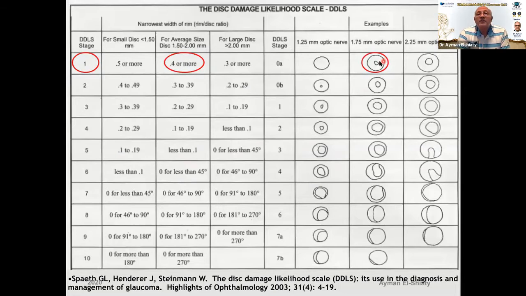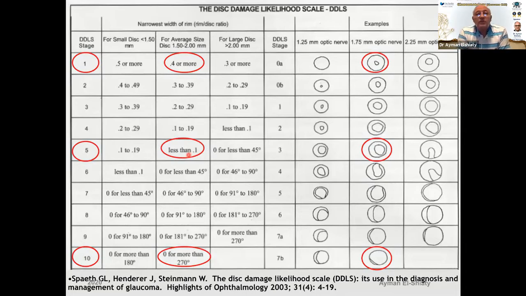This disc has a very large rim, so it is least likely to have glaucoma. And 10 is the other extreme of the score, where the extension of the loss of the rim is more than 270. So the midway is 5, where the rim diameter is 10% or 0.1 of the disc. And this is midway between no risk and highest risk.